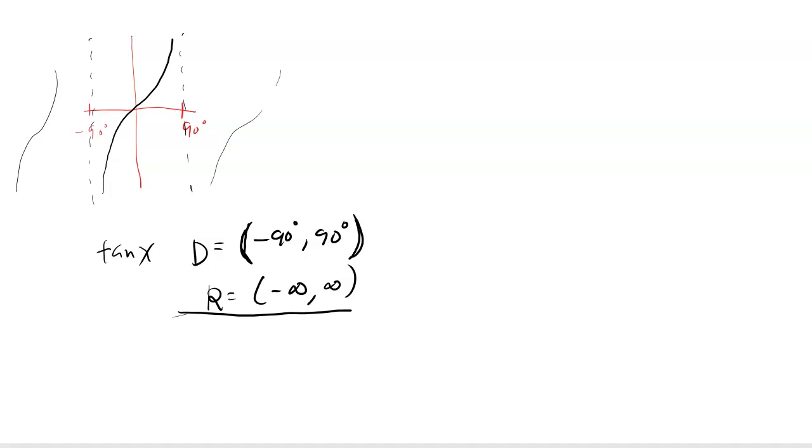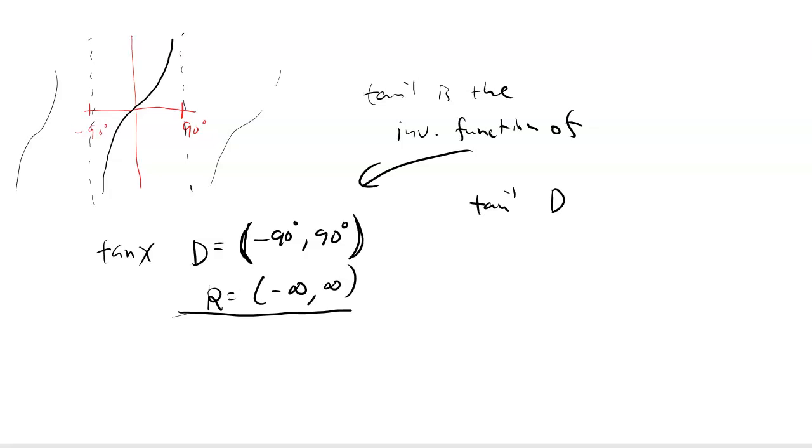Tangent inverse is the inverse function of this function here, okay? And therefore the tangent inverse has the previous range as its domain, and the previous domain as its range. Okay, so these are the inverse functions.